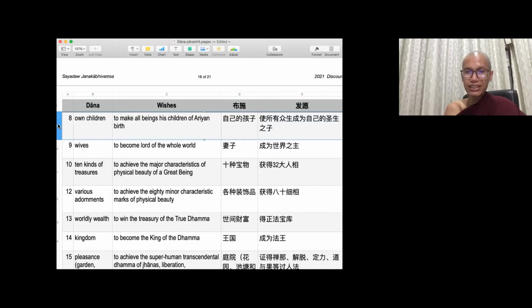But the king usually does gambling. One time a Deva or demon came to him disguised as a human, and they did gambling.